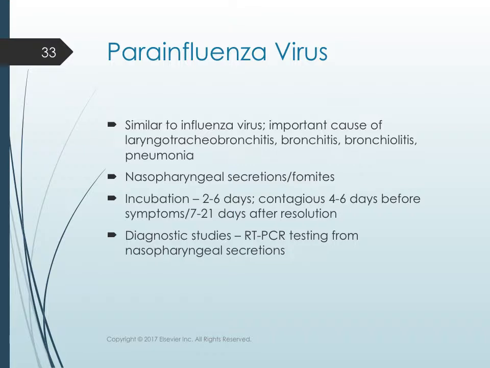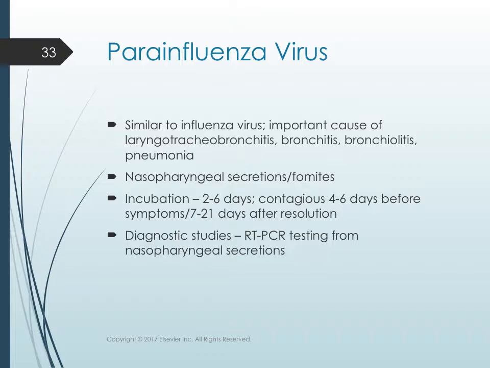And parainfluenza is another common virus that we see that can cause these types of illnesses. We don't necessarily know that it is causing that because we don't test for it routinely. But in cases of bronchiolitis, bronchitis, croup, pneumonia, any of those infections can be a result of the parainfluenza virus, commonly called paraflu.